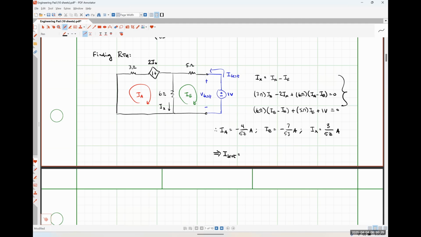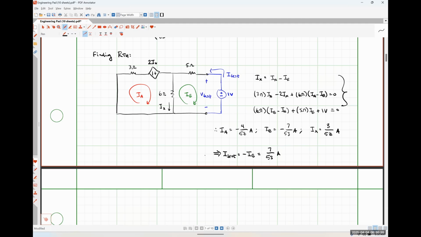Negative IB. So IB is flowing from left to right through that 5 ohm resistor. I test is flowing from right to left through that 5 ohm resistor. So I test is negative IB, which is positive 7/53 amps.